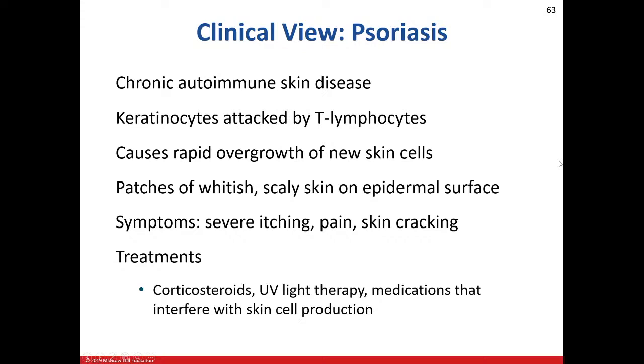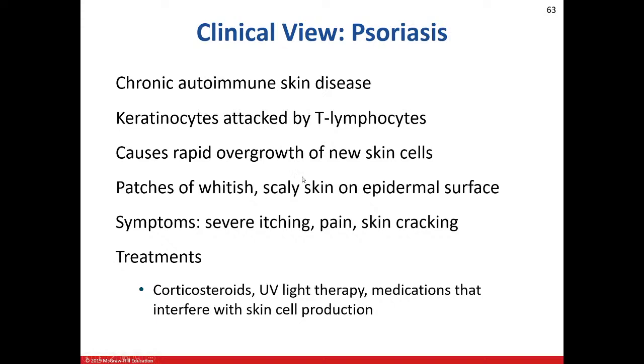So psoriasis, clinical view. It is a chronic autoimmune skin disease. Here, the keratinocytes are attacked by T lymphocytes, and it causes a rapid overgrowth of the new cells. Basically, the stratum basale in particular is under attack, and it responds by dividing too much.